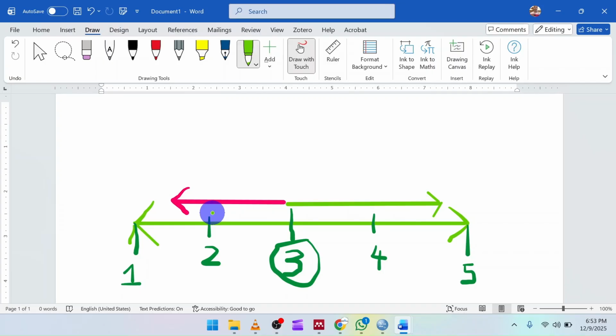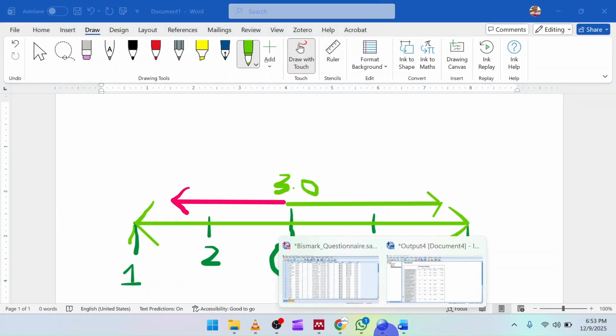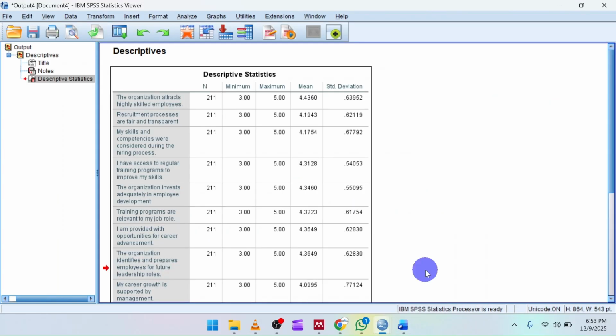When the mean values are greater than 3, we say they generally agree. Now, when the mean value is just around 3.0, we say that they are indifferent. So let's go back to our SPSS results and see if we can interpret it.